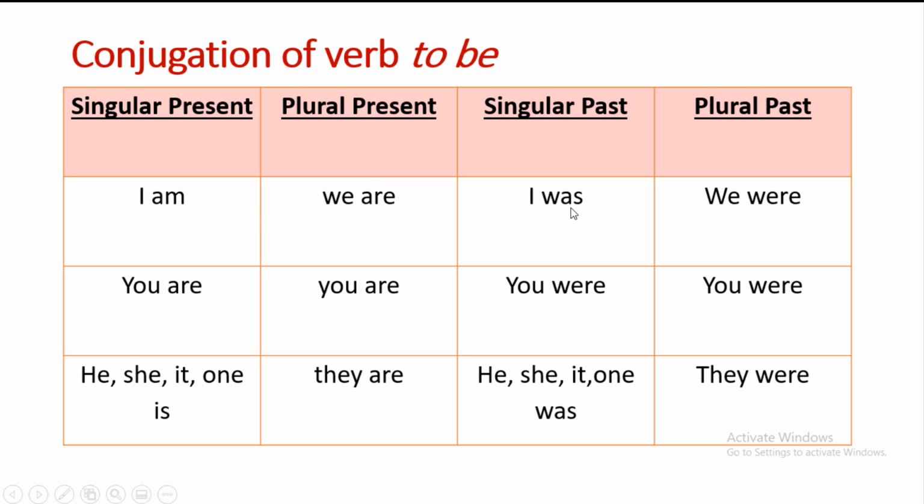And of course, the past of am is was, and the past of are is were. All right, so again we have singular verbs and plural verbs. Singular verbs go with singular nouns and pronouns, and plural verbs go with plural nouns and pronouns, right?